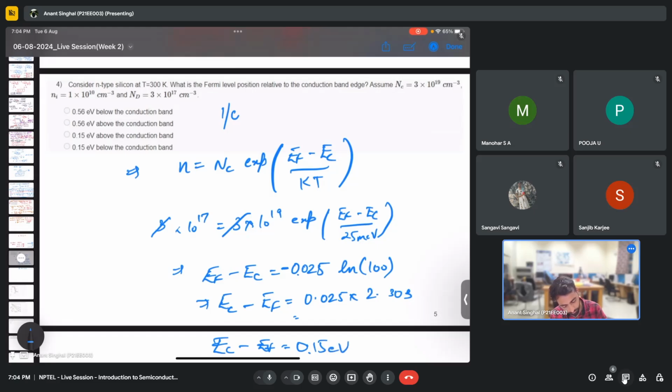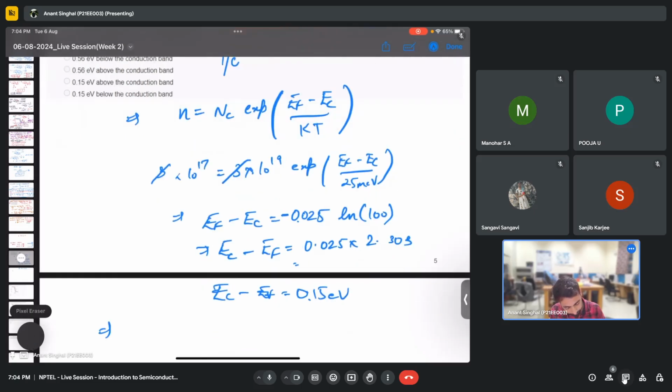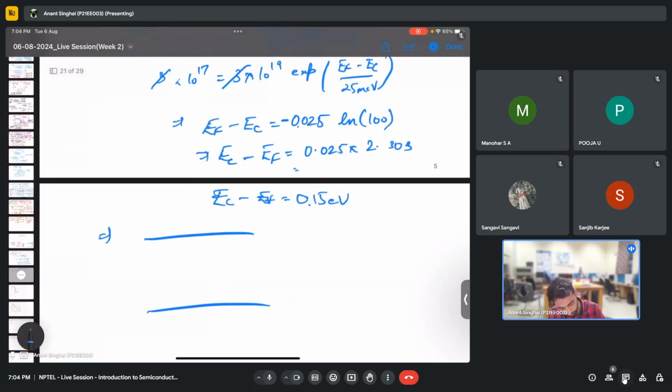electron volts, which indicates that if this is the band diagram, this is the Fermi level, this is Ei. So EF is coming somewhere here, and the difference is 0.15.